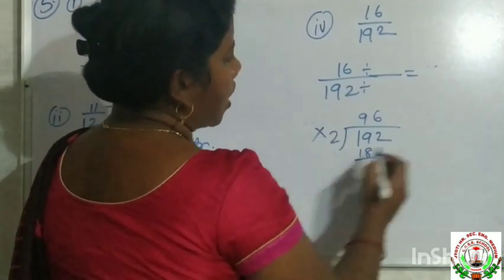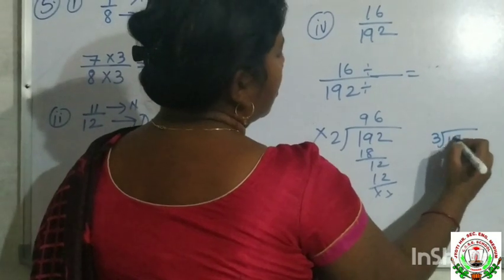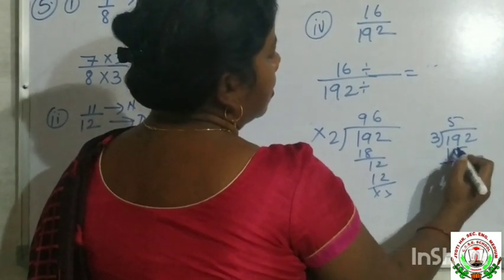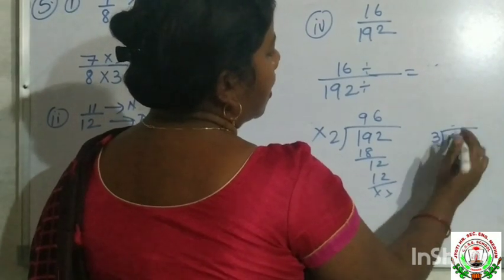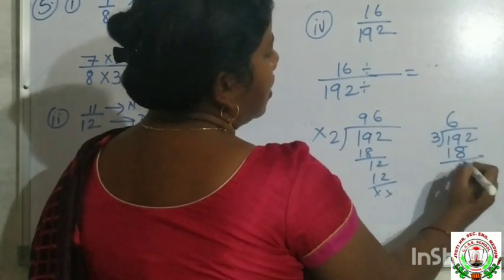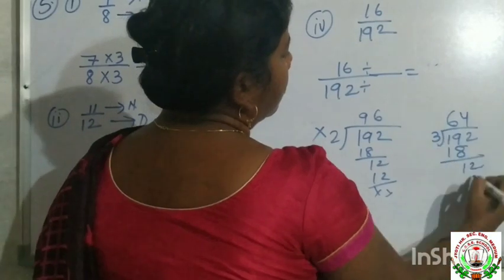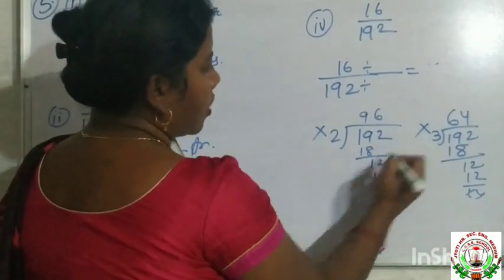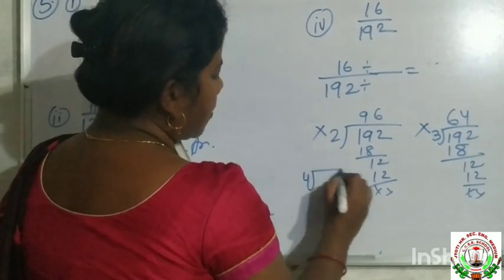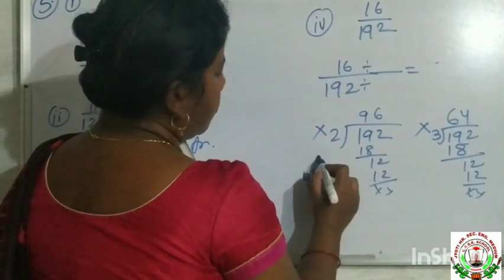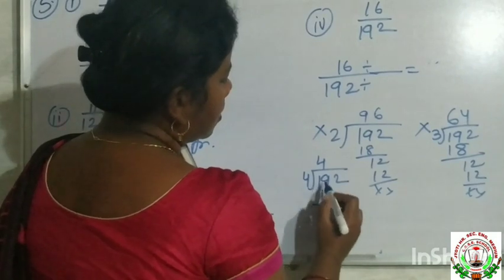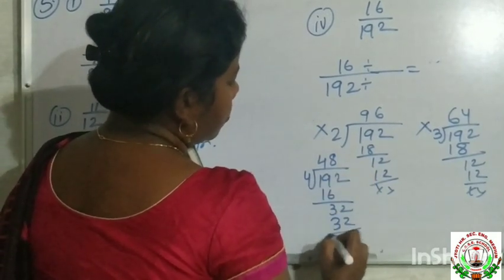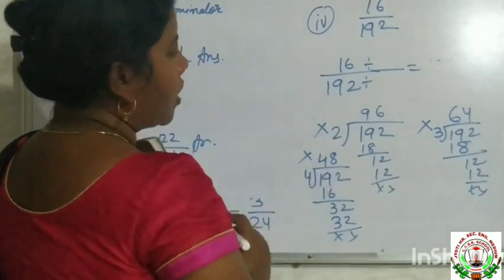So we will not take 2. We take 3: 3 sixes are 18 and 3 fours are 12. Here also we are not getting 24. So we will not take 3. Next we take 4: 4 fours are 16, 4 eights are 32. Here also we are not getting 24.